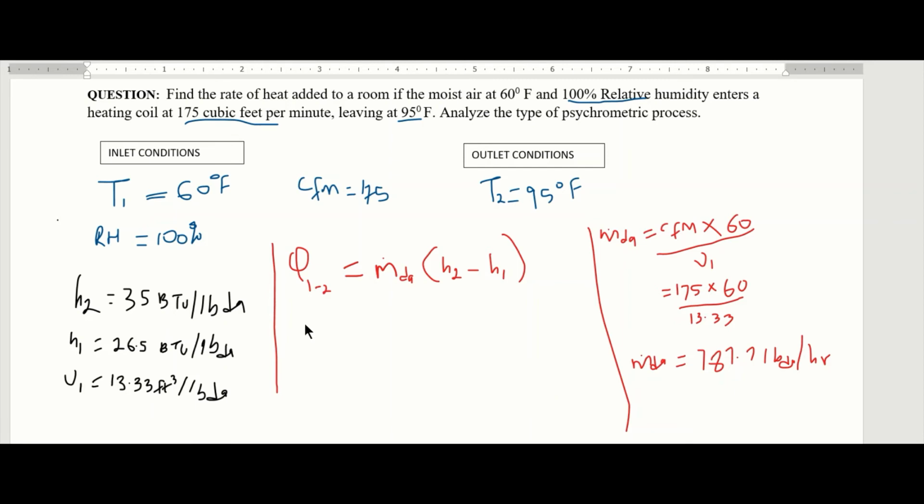Therefore, the rate of heat that was added to the room is the mass flow rate, 787.7, times the enthalpy at the exit, 35, minus the enthalpy at the inlet, 26.5. So 787.7 times 8.5 gives us 6695.45.